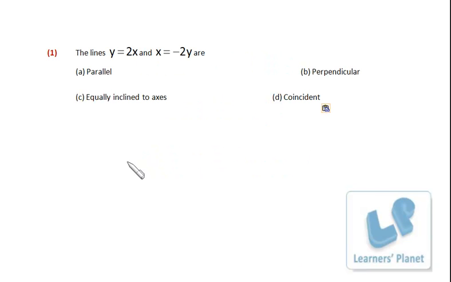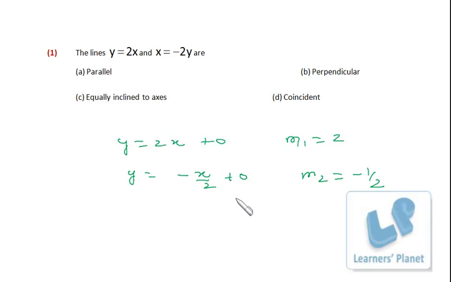Okay, now we take this problem. Are the lines this and this parallel or perpendicular? Here the slope is given to you: y is equal to 2x, and here y is equal to minus x by 2 plus 0. So m1 is equal to 2 and m2 is equal to minus 1 by 2, right?